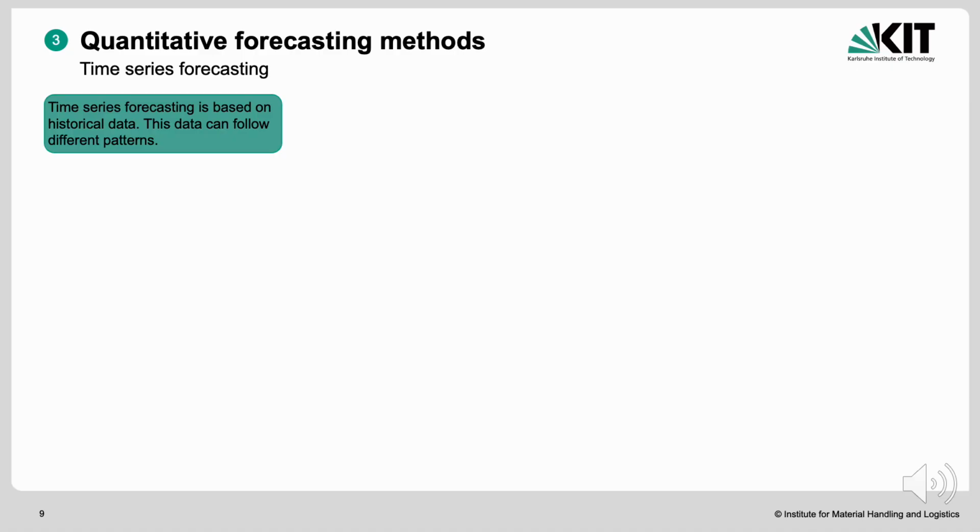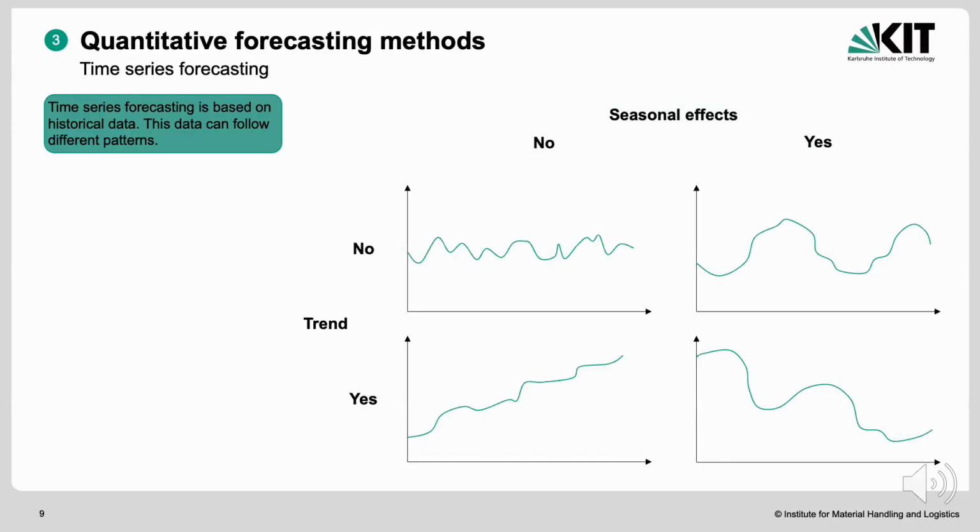So with time series forecasting, we look at historical data, and this data can follow different patterns. Two things that we can look at are seasonal effects and a trend. In this case, where we have no trend and no seasonal effects, we just have an irregular pattern, where we obviously see a certain bandwidth of data.